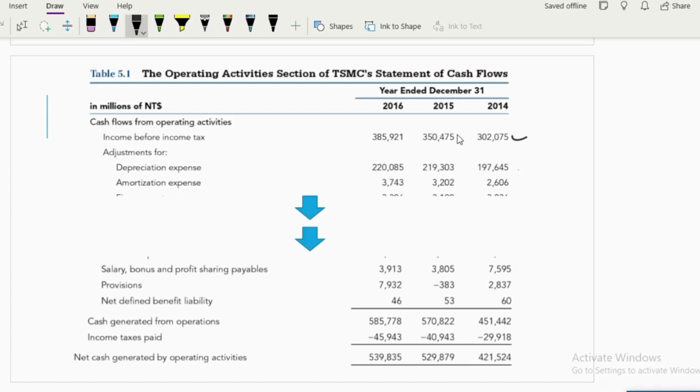So this is the income before tax for the 3 years for TSMC, and these are the cash flow from the operating activities. If you see over here, it's basically increasing every year, which shows a good position. And you can see the same trend in the income before tax as well, that it was consecutively increasing. So the trend matches in the income before tax and the operating activity section.